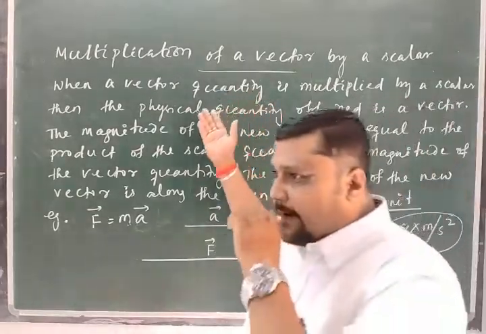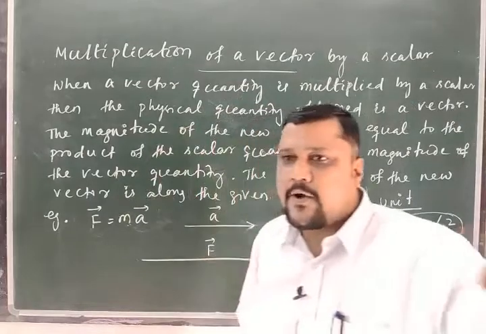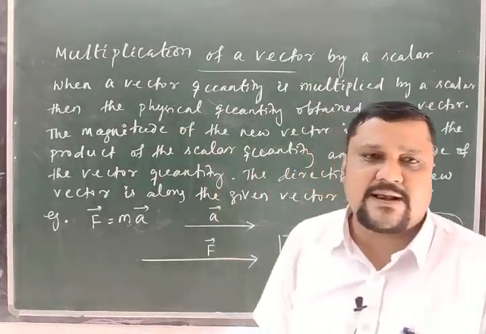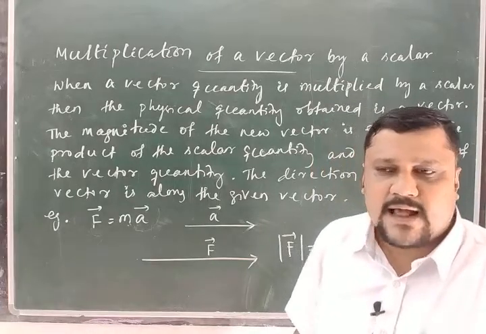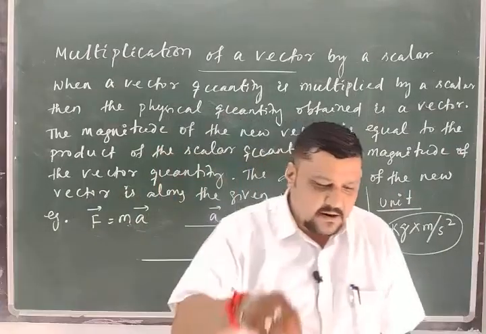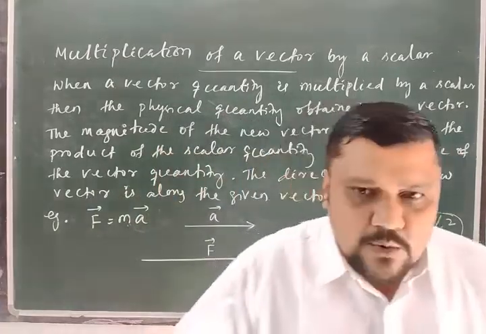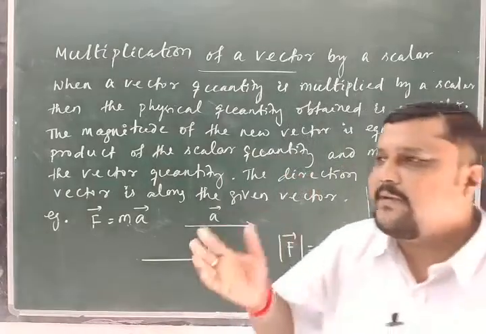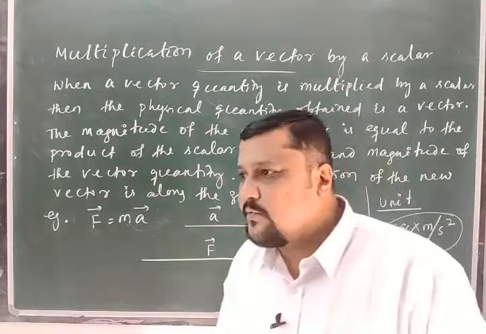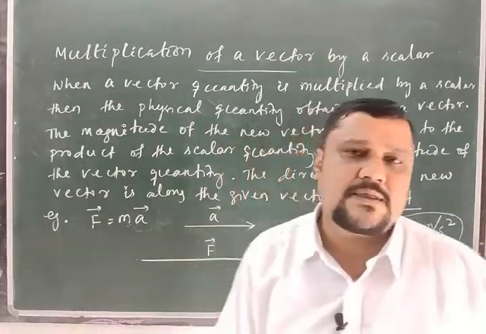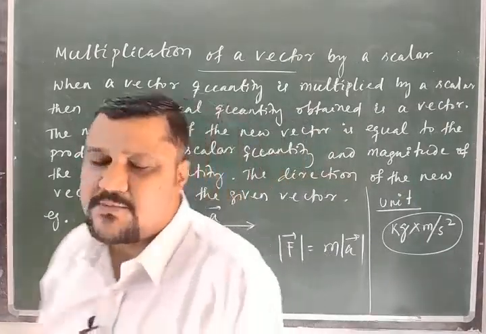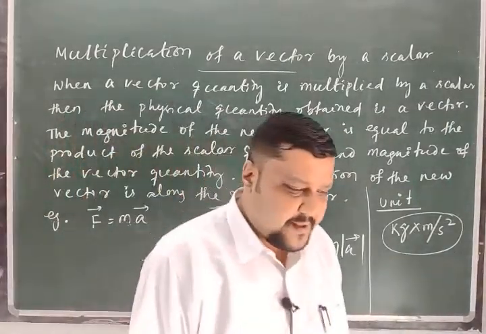In the last video I told you that for parallel vectors the angle is 0, and for anti-parallel vectors the angle between the two vectors is 180. How is that? I said I would discuss it later. So now, before the addition, I will discuss how to find the angle between two vectors. If you know how to find the angle between two vectors, then it is very easy to find the addition, subtraction and multiplication of vectors. Okay.